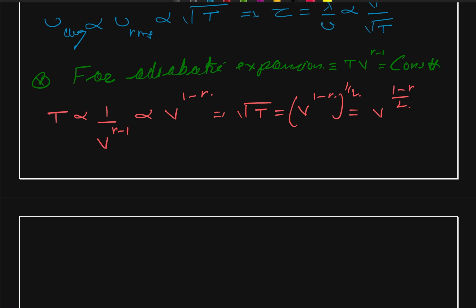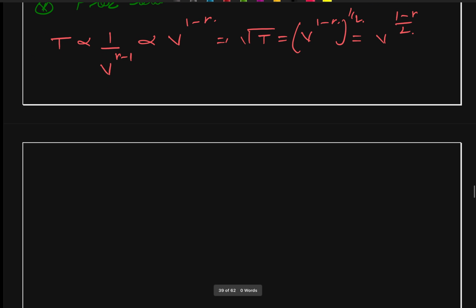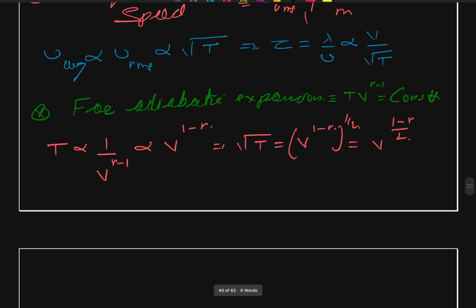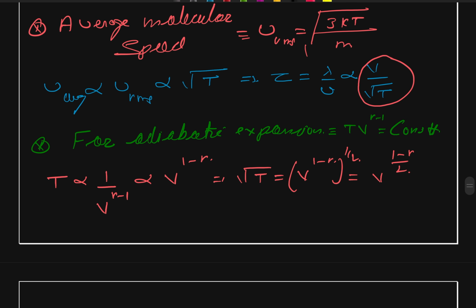Now we found out that tau is our V upon square root of T. Therefore, we can write that our tau is proportional to V upon square root of T, which is proportional to V upon V raised to (1 minus gamma) upon 2. And this we can rewrite as V raised to 1 minus (1 minus gamma) upon 2.